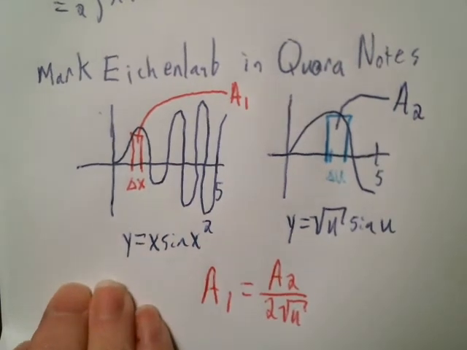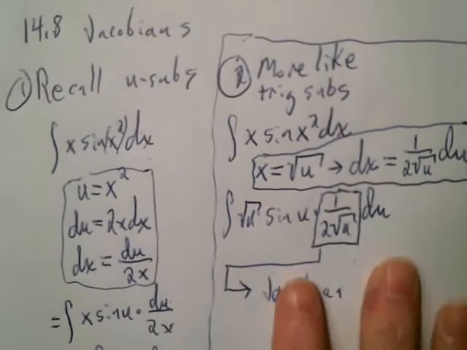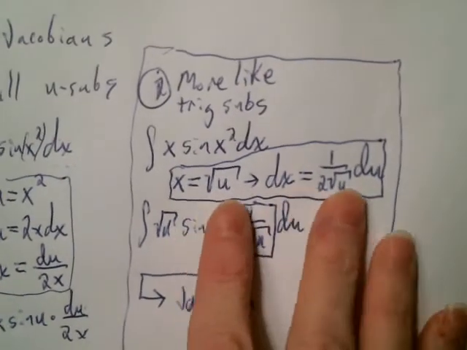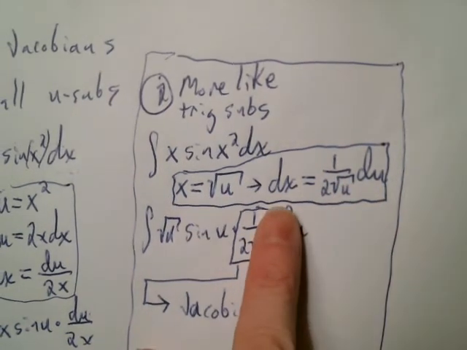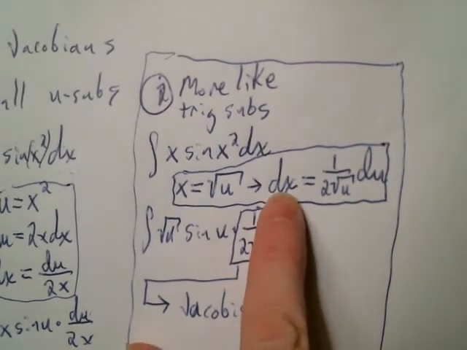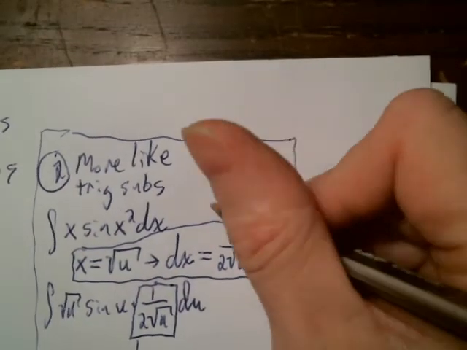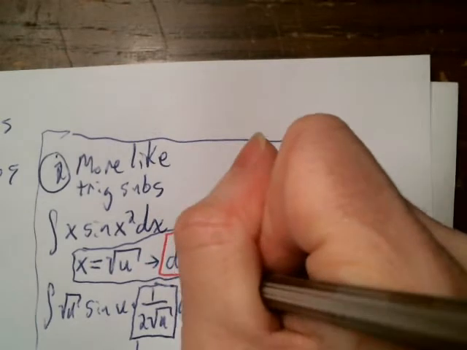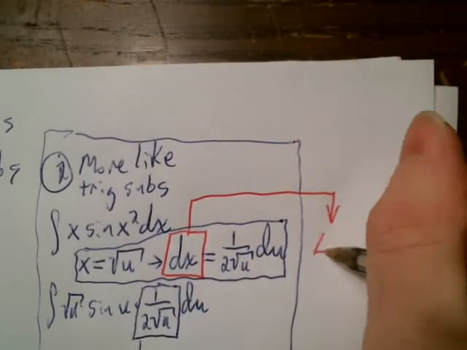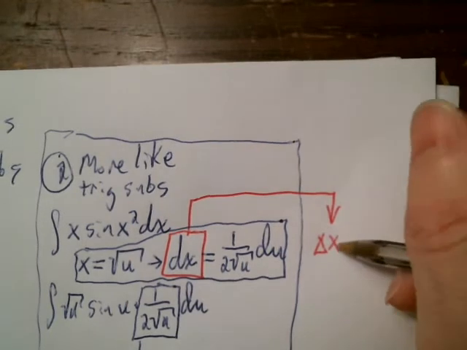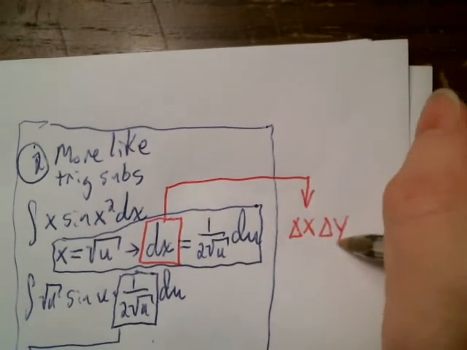So what we want to do is basically this kind of u sub process, but it's not really the u sub, it's more like a trig sub. In particular, this differential is a troublemaker. This dx for us is really going to be a delta x, or if you'd rather, dx dy, delta y.